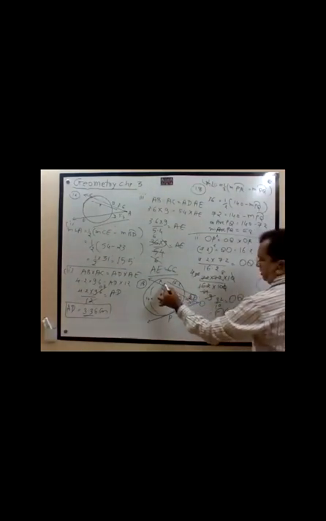Correct. Now we want PQ. PQ is equal to PO minus OQ. 16.2 minus 3.2 is 13. Correct. This is 13.